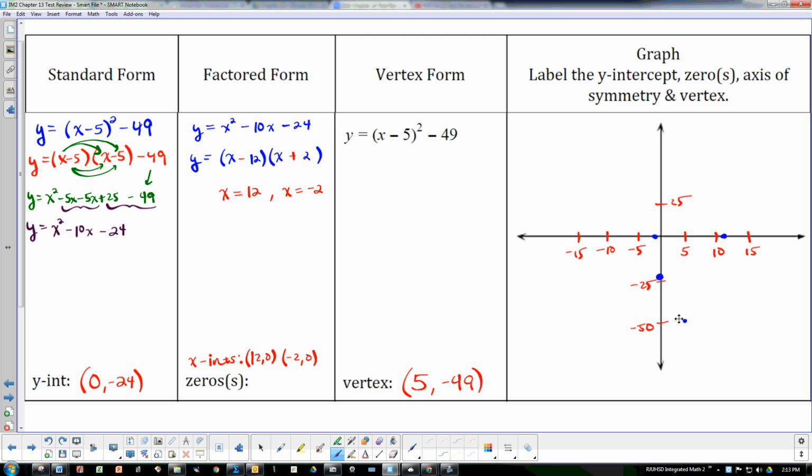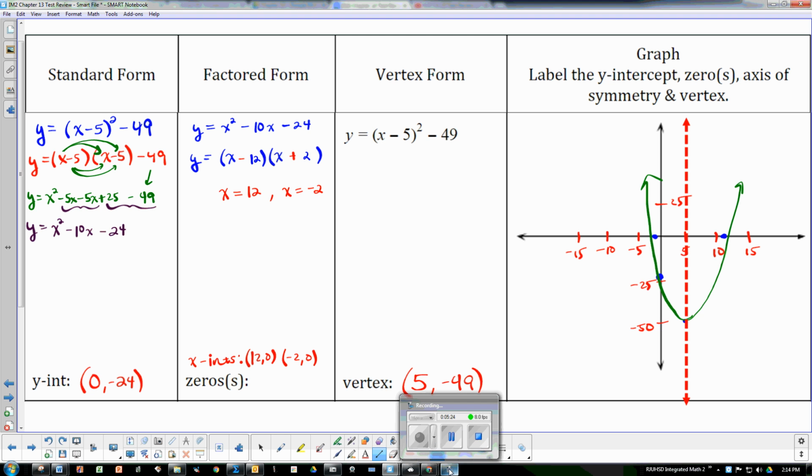And let's trace through this. That's going to be approximately what it looks like. And our axis of symmetry, here it is. That axis of symmetry, very important that you label it correctly. So your axis of symmetry would be x is equal to 5.